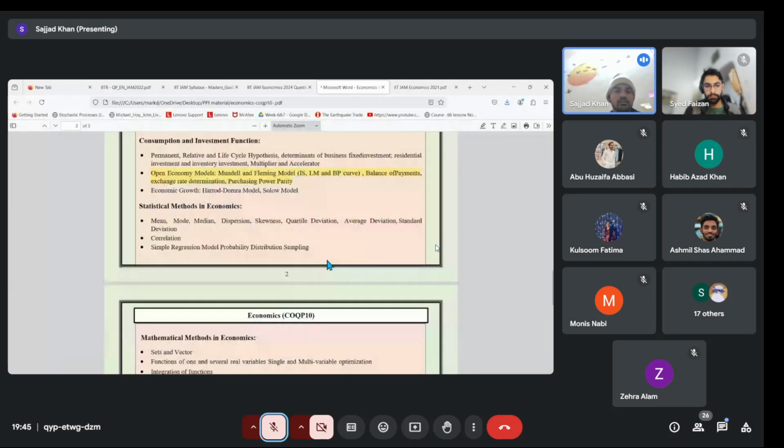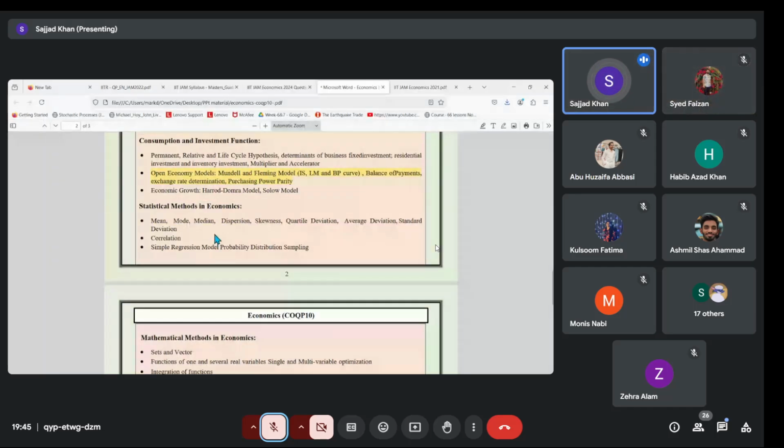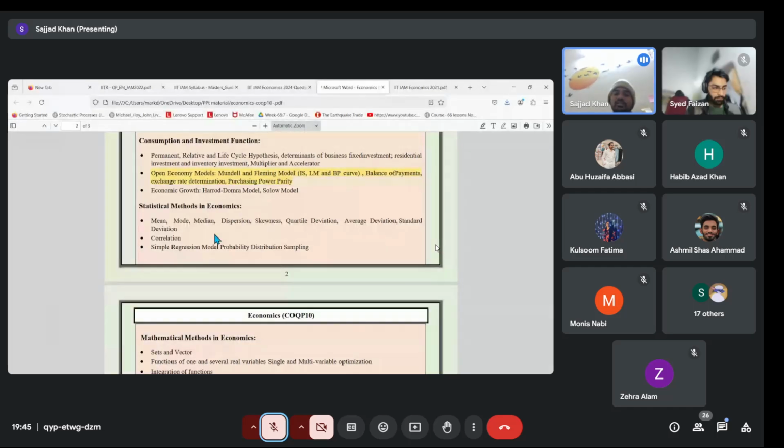For statistical methods in economics, we can definitely refer to SP Gupta. Most of the things they ask are very basic properties about the mean, mode, median, standard deviation, correlation, simple methods, probability and distribution. Here we do not need to jump up to SC Gupta. Simply cover these things from SP Gupta, which is a very basic book, and very basic things are asked.